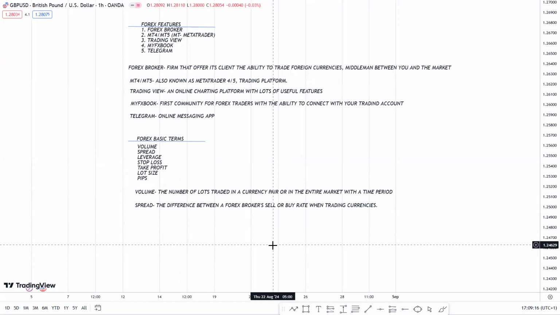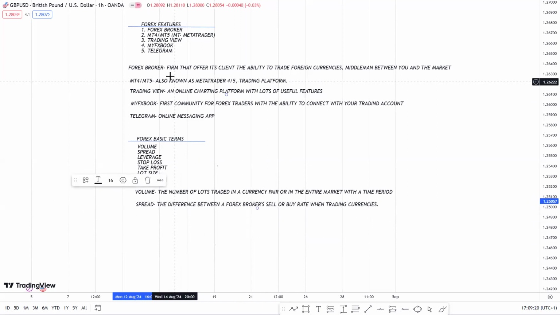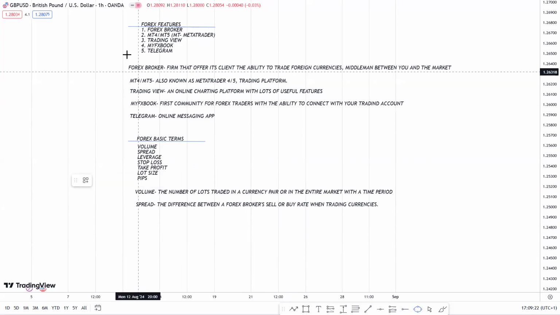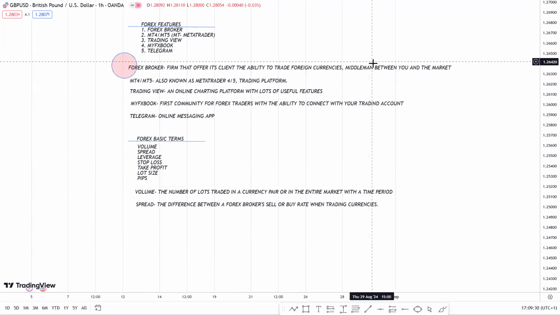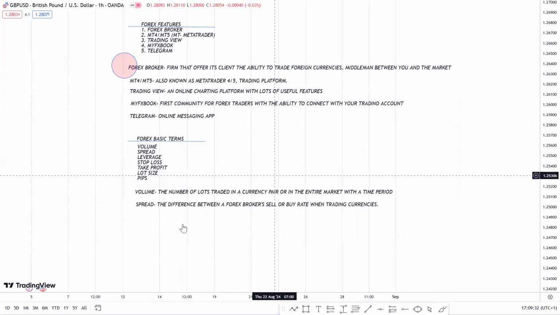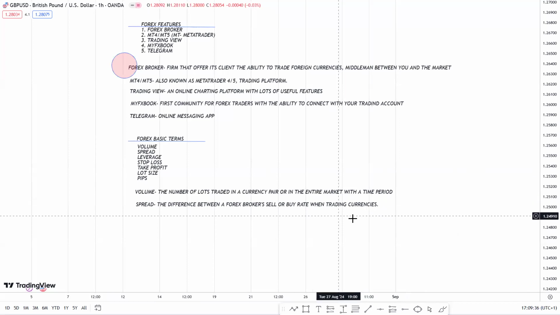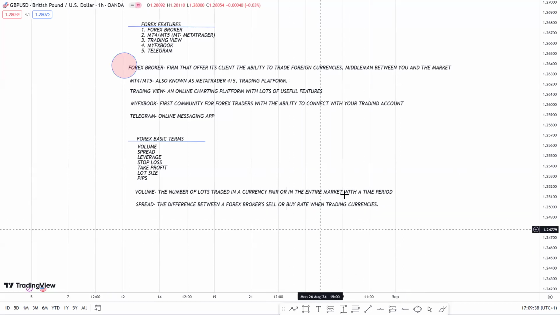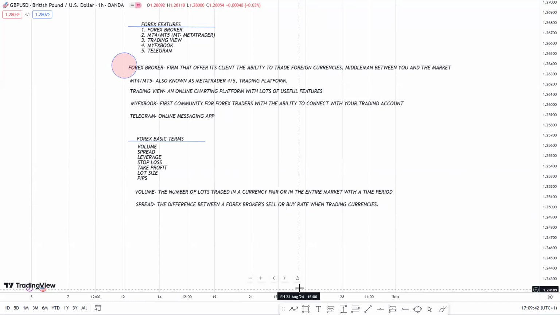So this spread is the commission because, like I said, forex brokers are firms that offer their clients the ability to trade foreign currencies. It's the middleman between you and the market. So the spread is the rate they charge you as a trader to give you the grace to trade the financial market. That's all it is.